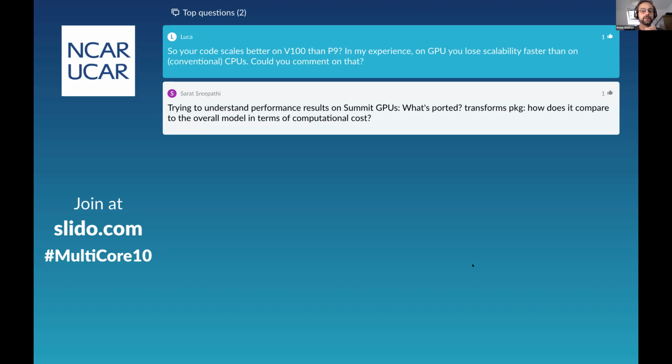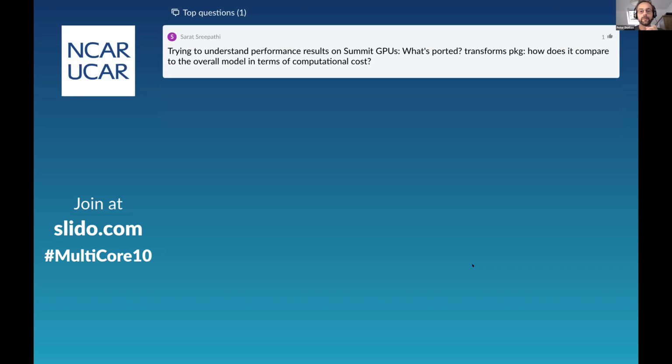And then Sarat is trying to understand performance results on Summit GPUs. What's ported? Transforms, package? How does it compare to the overall model in terms of computational cost? Yes, we ported the transform package. That's about 40% of the cost for the hydrostatic case and more than 50% of the cost for the non-hydrostatic case.